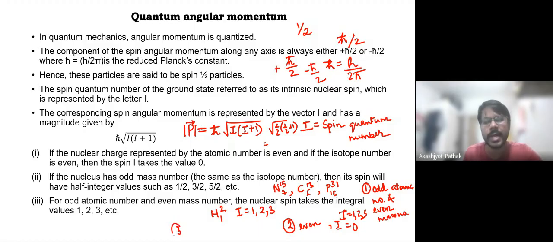And the third case is that if the atomic mass number is odd, then the spin quantum number will be half integer values, like 1/2, 3/2, 5/2. Common examples are nitrogen, carbon, phosphorus, and the proton. One of the most discussed nuclei for NMR spectroscopy is the proton, the hydrogen nucleus.